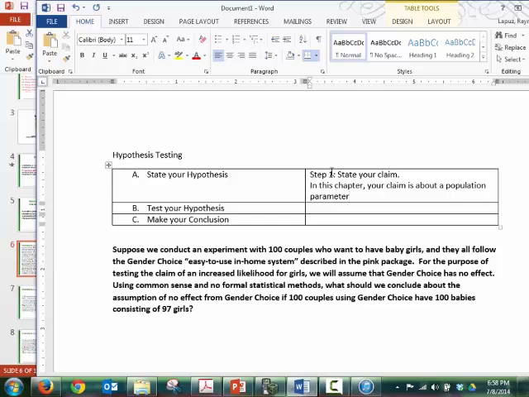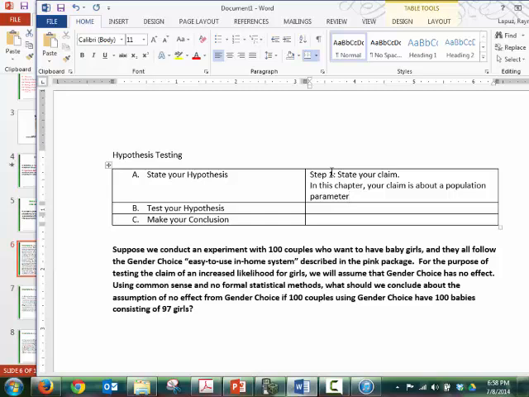I want to make sure it's clear that what we're doing is a population parameter. So in this chapter, in chapter 8 specifically, your claim is going to be a comparison between a population parameter and a number.